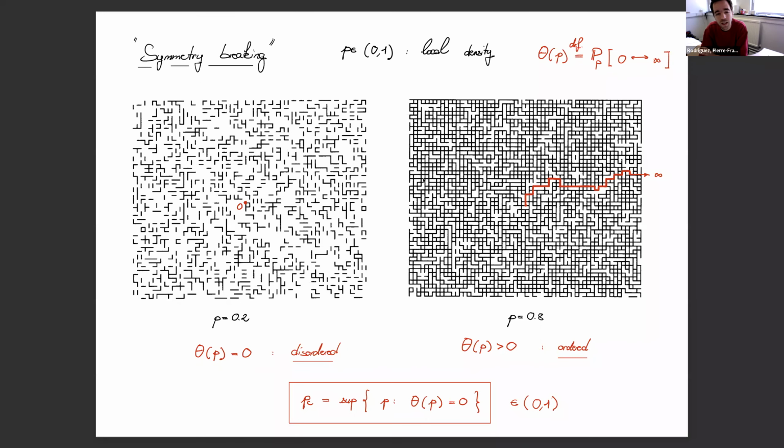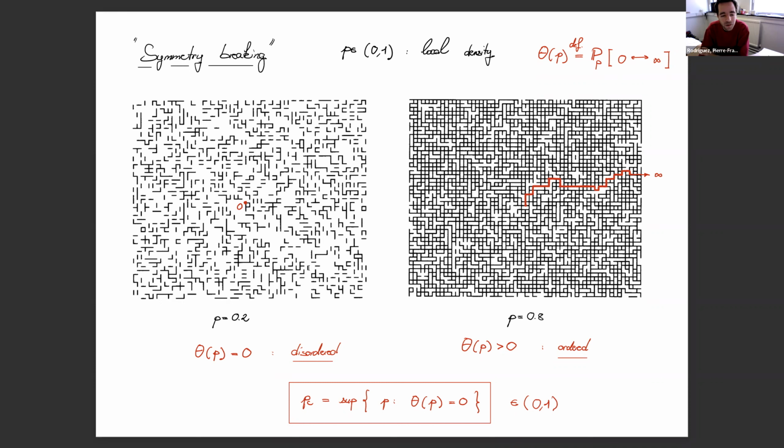So you can really think of these as the same kinds of phase transitions, at least qualitatively, that you see for instance in Ising models or other models exhibiting a second order phase transition. But this talk will be about percolation, so we'll stick to this.